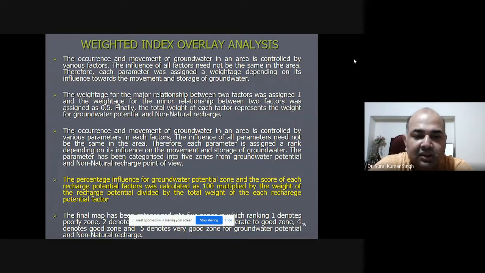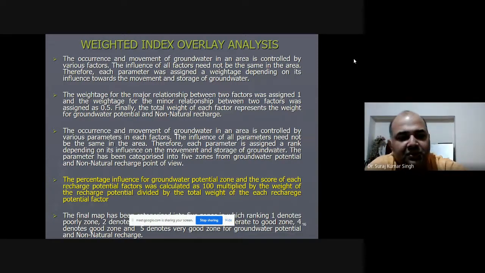The occurrence and movement of groundwater in any area is controlled by various factors that we have already stated, and the influence of all parameters needs to be the same in the area. Therefore, each parameter is assigned a rank based on its influence on the movement and storage of water.